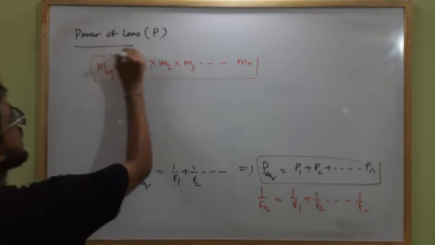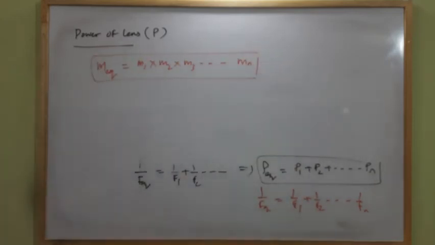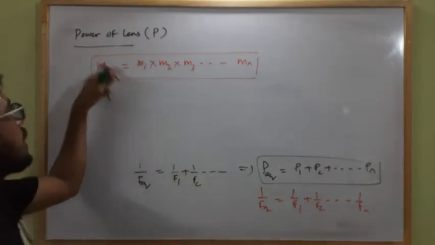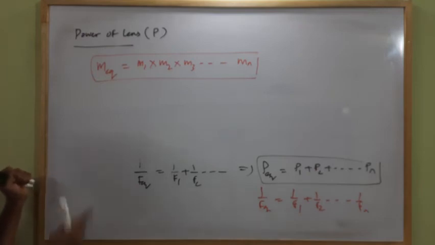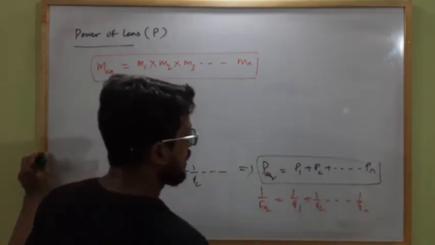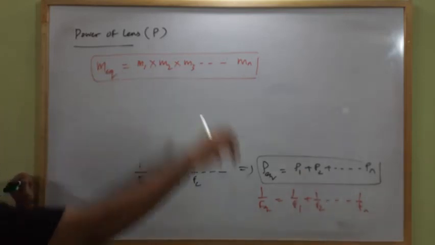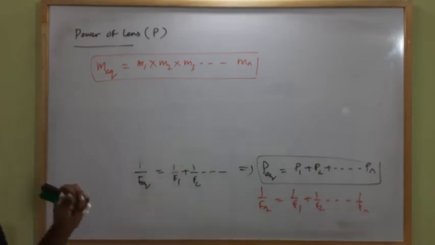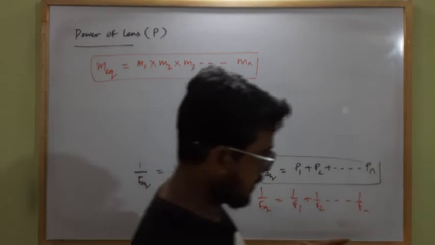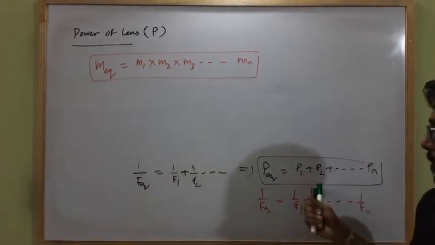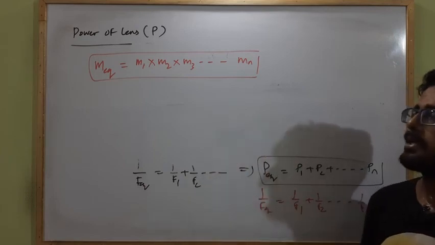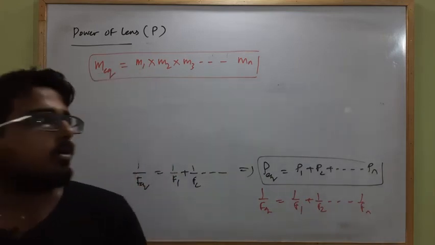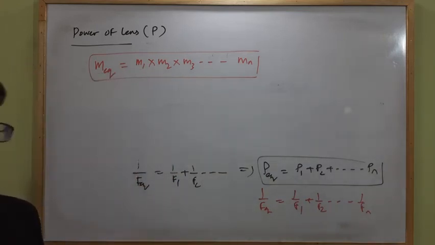If n lenses are combined together, then the magnification by the individual lenses gets multiplied to give the equivalent magnification of the combination of lenses. Powers are added, focal lengths are reciprocally added, but magnification gets multiplied. So this is how the combination of lenses acts. Clear? How the focal length changes when lenses are combined, how their power varies, and how the equivalent magnification varies, we already studied. So this is all about the magnification of a combination of lenses. Clear? Okay.